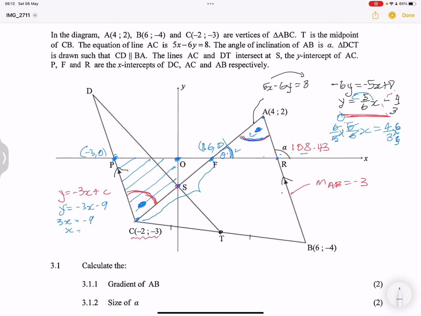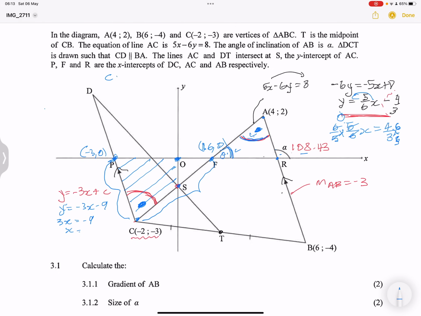Now, why are these important to me? Because we're going to find the length of CP, this entire length there. If you don't mind, let me do it right here so that it becomes easier for me.